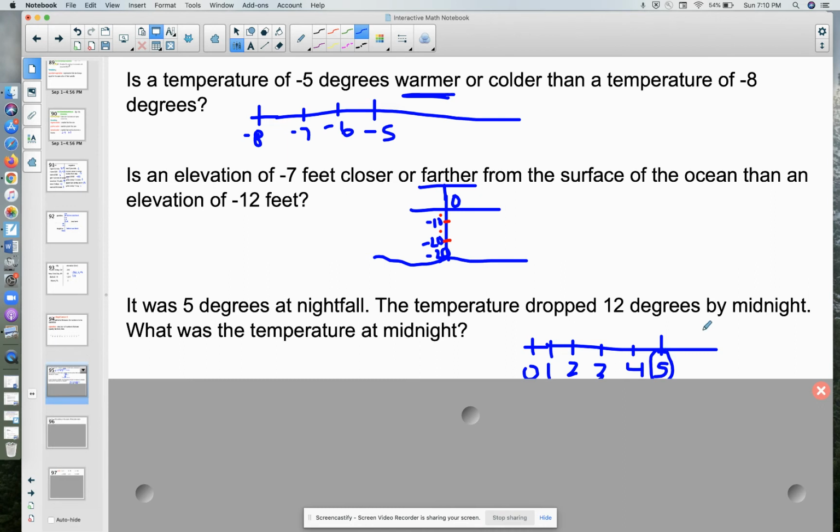So if it dropped, do you think it's going forward, or do you think it's going backwards? It's going backwards, right? So we're going to go 12 degrees to the left. So what was it? Negative 7 degrees. So we went 12, then it would be a negative 7. That's cold.